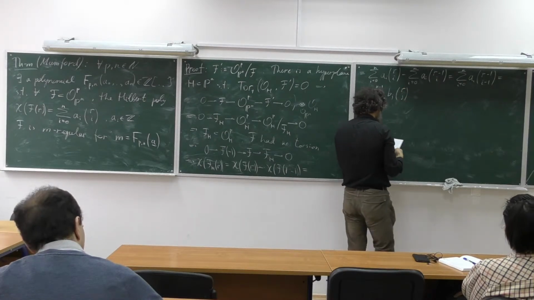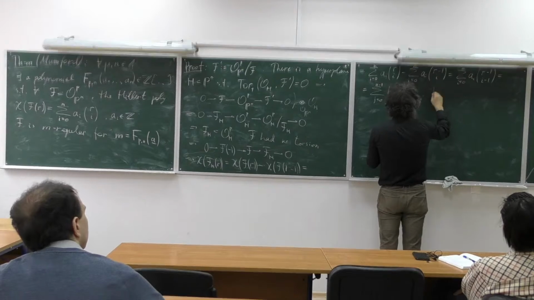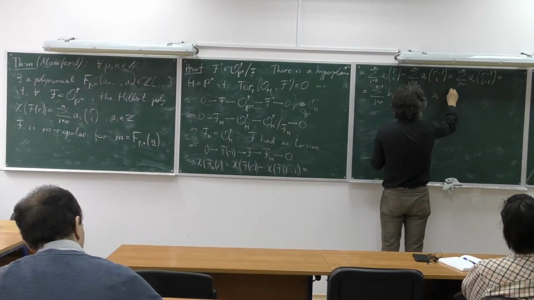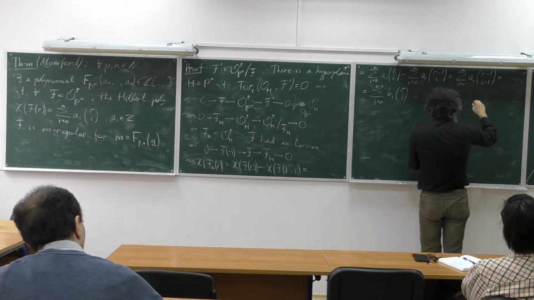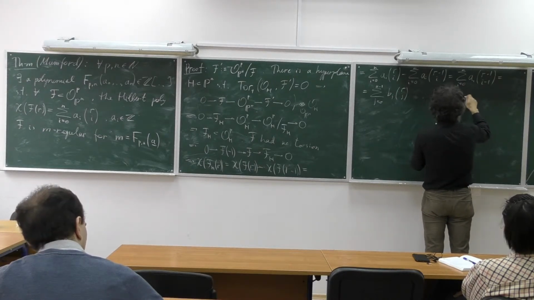Okay, and those b_0 and so on up to b_{n-1} are polynomials.